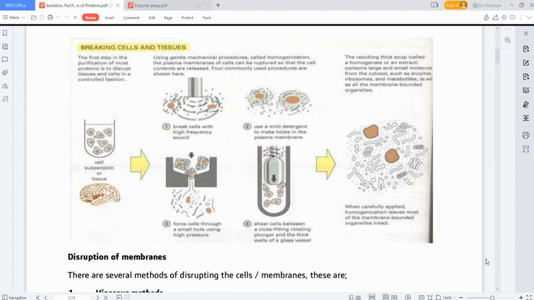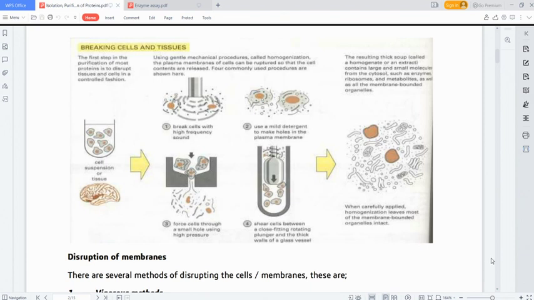You can use it to blend, but when you're blending, you have to take care that heat is not generated in case your protein is easily destroyed by heat. So most of the time when we are blending, we add very cold buffer so that we don't generate heat that will denature our protein.